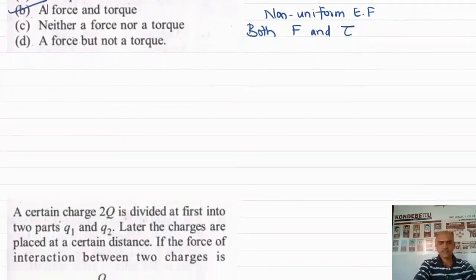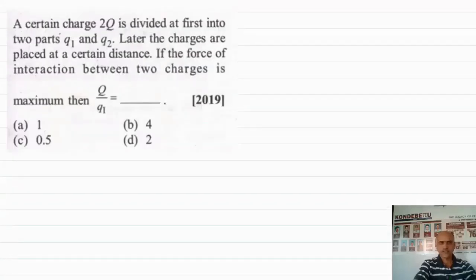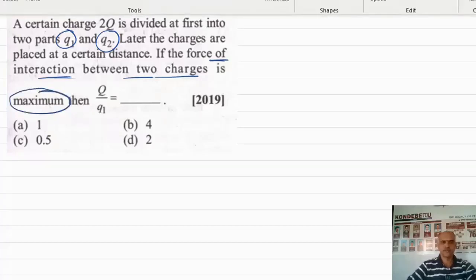Then lastly, a certain charge plus 2q is divided into two parts q1 and q2. Later the charges are placed at a certain distance. If the force of interaction between two charges is maximum, then, so remember this hint. Suppose there is a charge q, I am taking general.